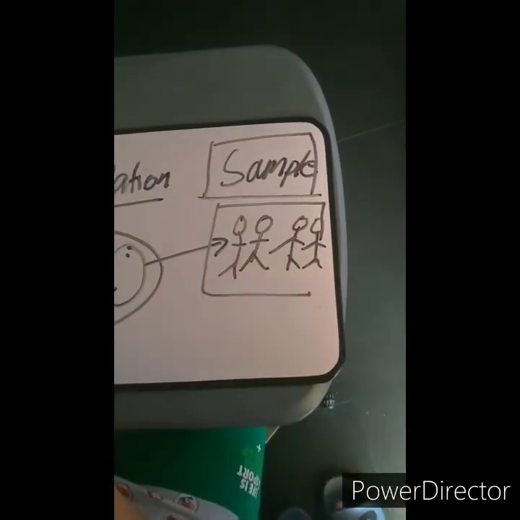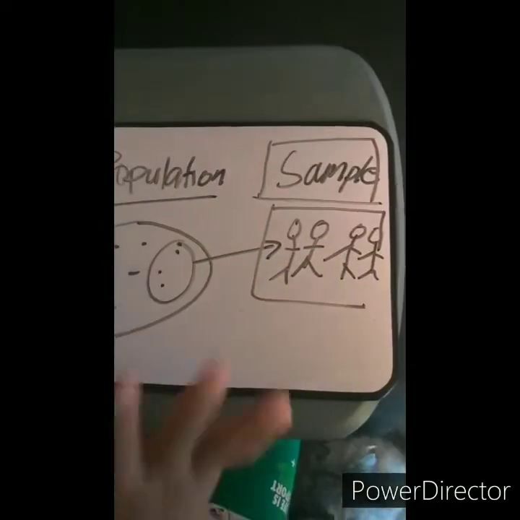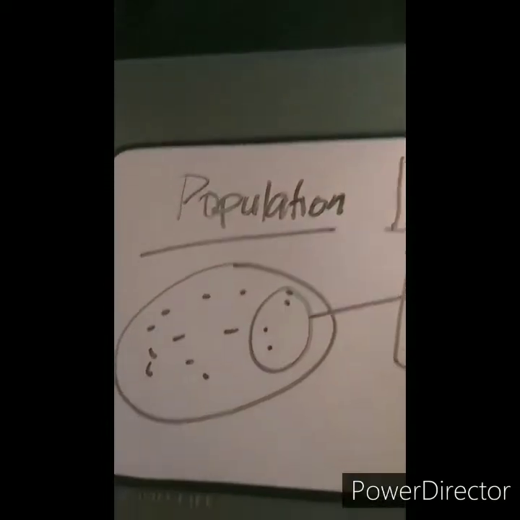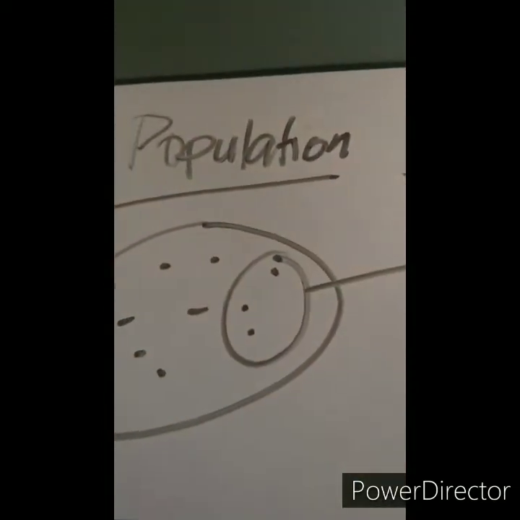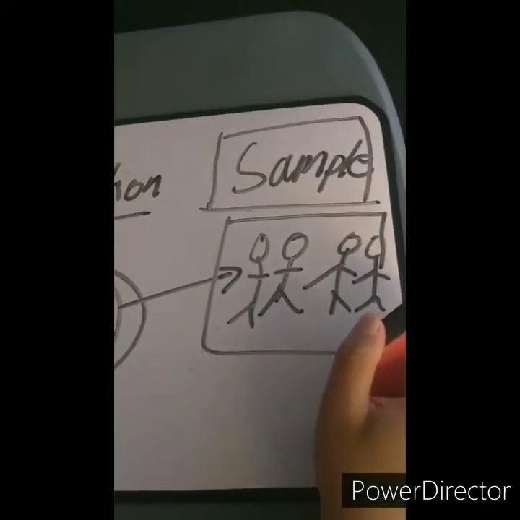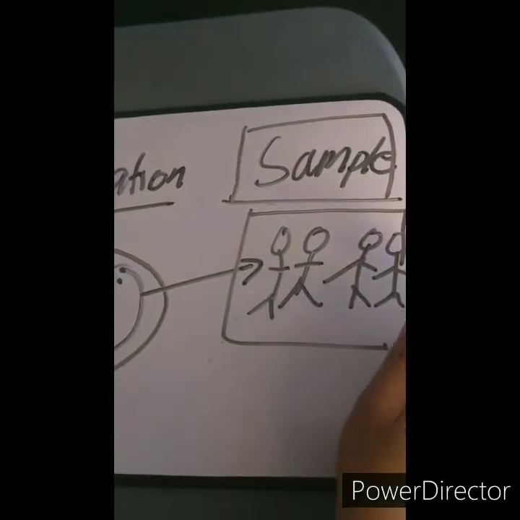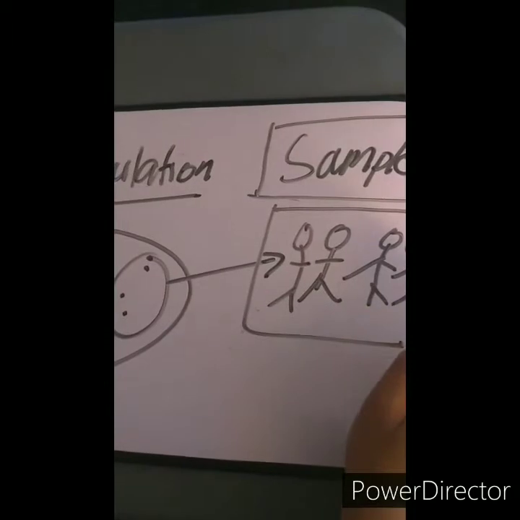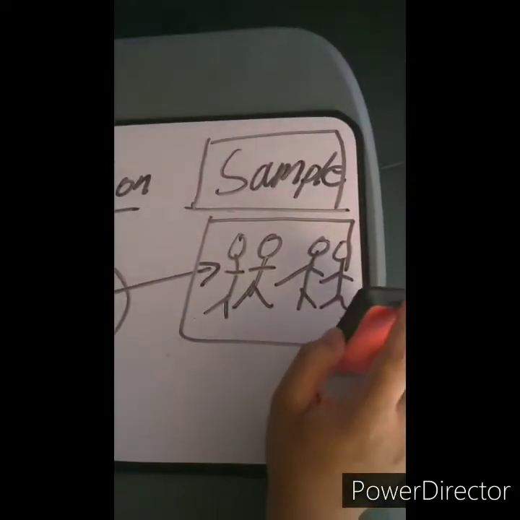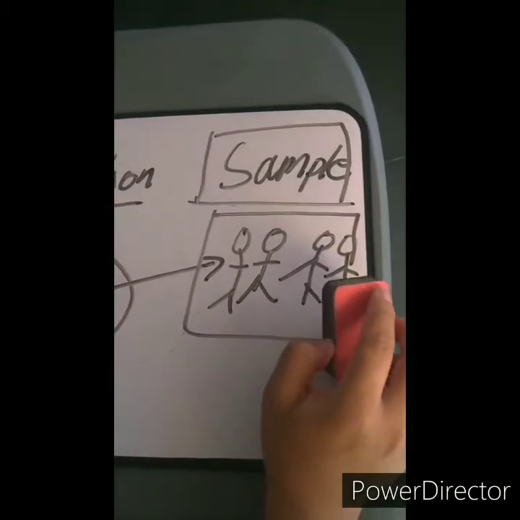So simply, when we talk about sample, it is part of the population. Okay, so for example, in your classroom, you are 50, and then I got 5 people who are going to solve on the board. So those 5 people are part of the population and they are called the sample.